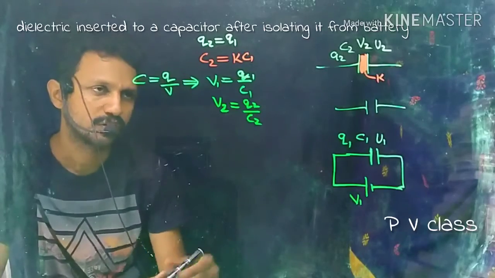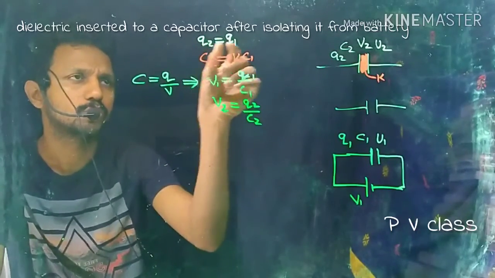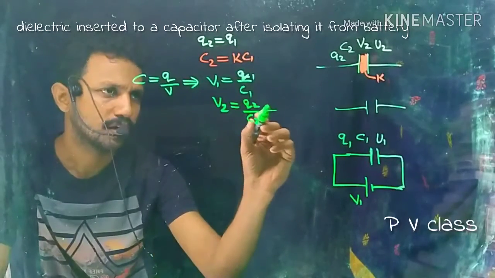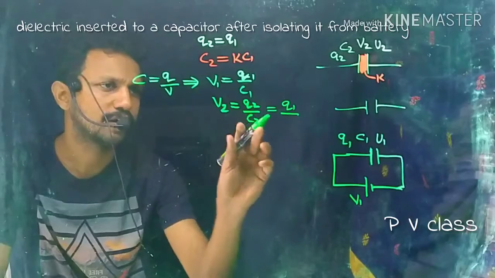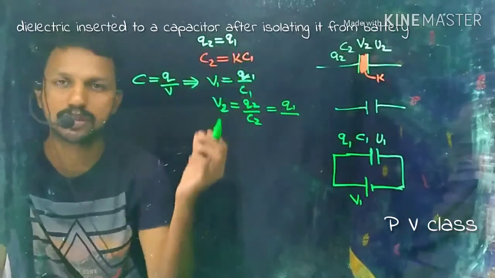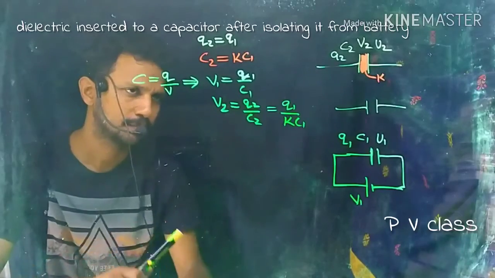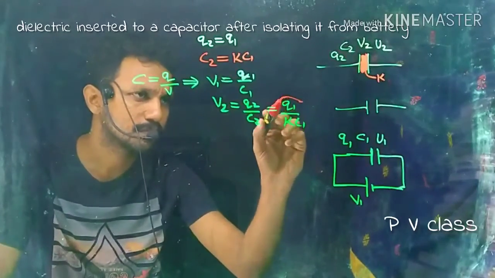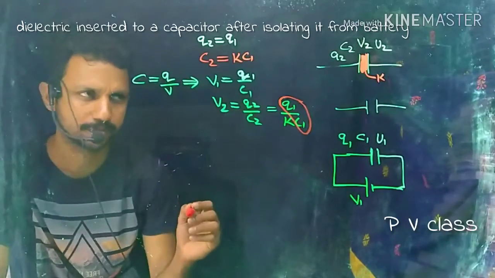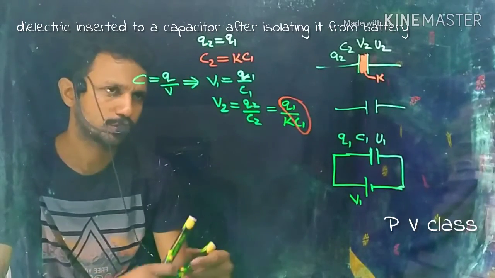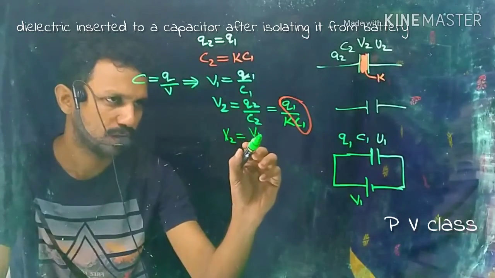Substituting for Q2, which is Q1 itself, and C2, which is KC1, we get Q1 by KC1. Can you identify this quantity? Q1 by C1 is V1. Therefore, V2 is equal to V1 by K.